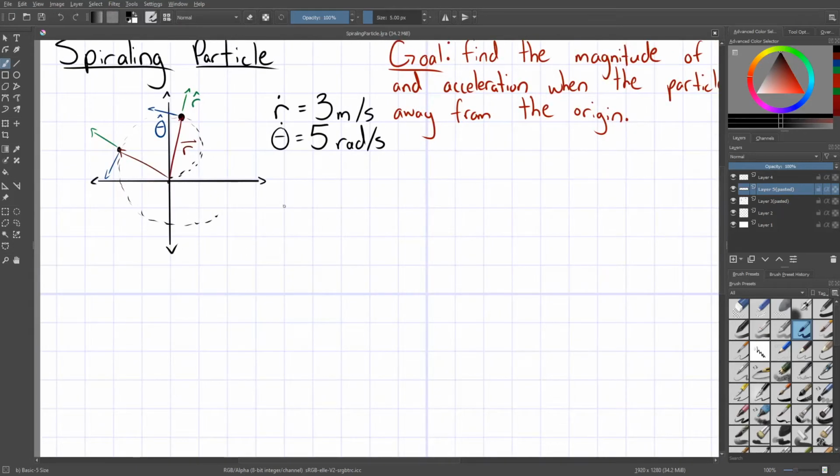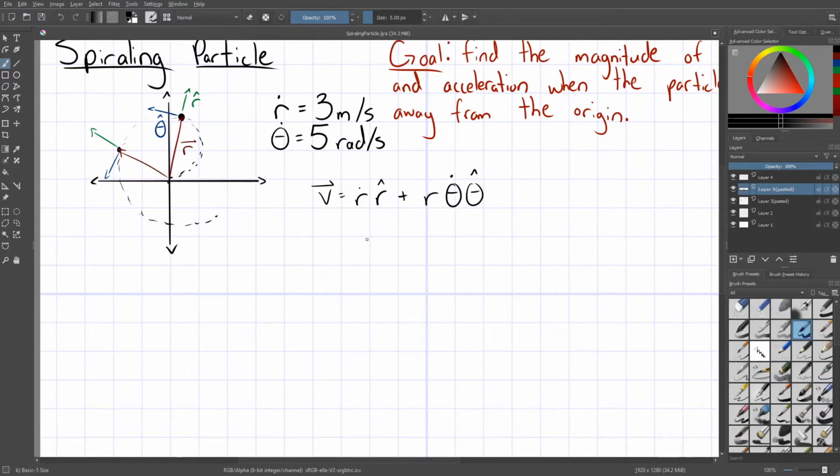So the formula for the velocity in terms of polar kinematics is r dot times r hat plus r times theta dot times theta hat.